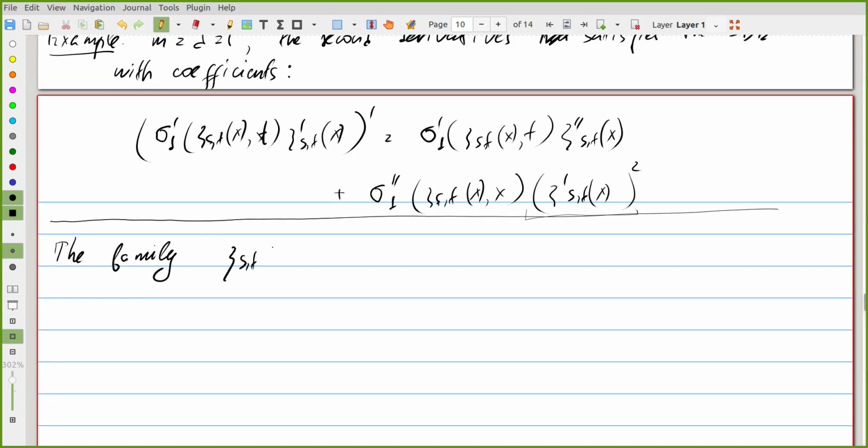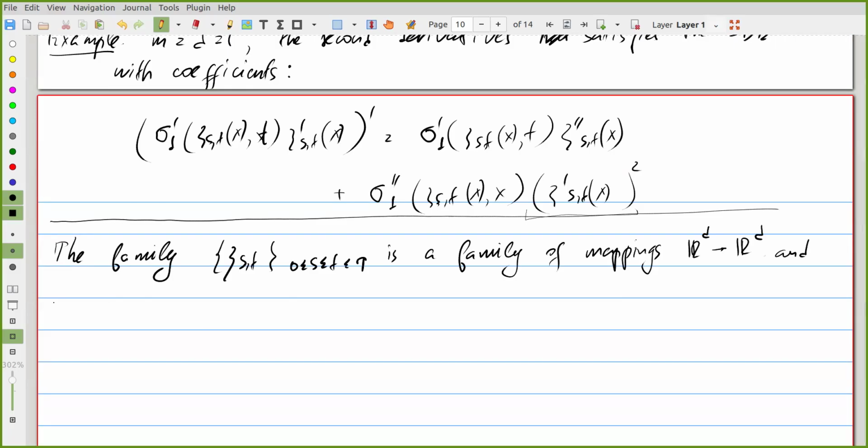The family ψ_st is effectively a family, as I say, of mappings R^d to R^d, and is called a stochastic flow associated with the original SDE.